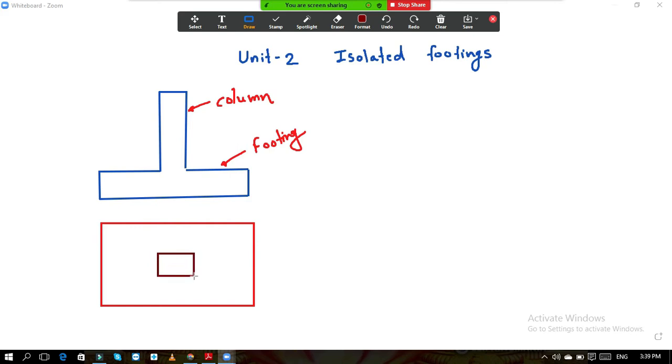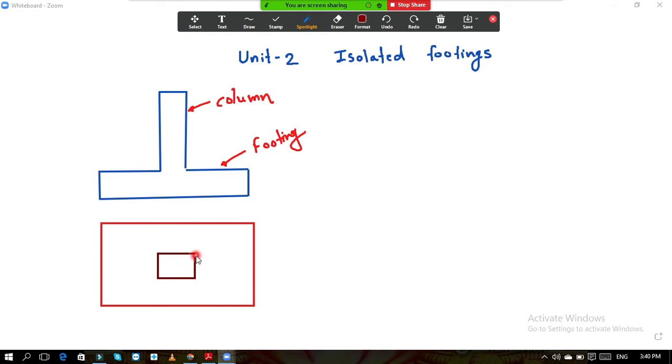This is your column. Whatever the dimensions of the column, 300 by 300, 230 by 500, 230 by 350, those dimensions will be here.